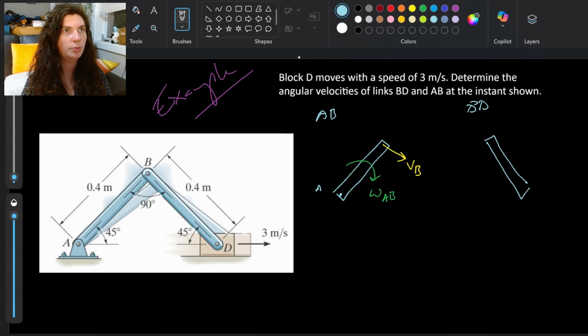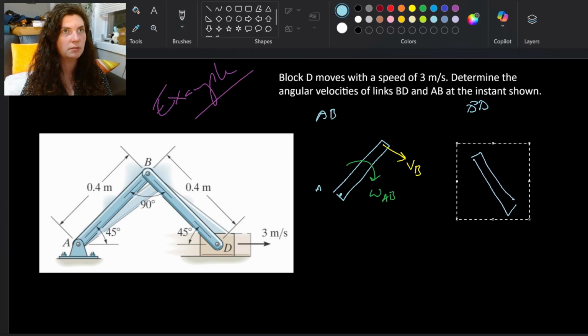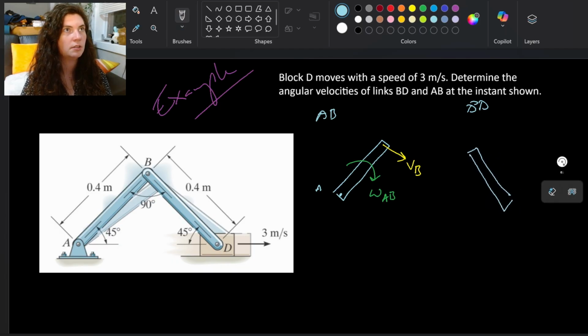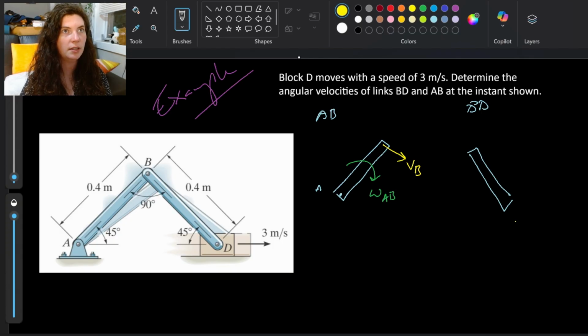And I'm going to move that out a little bit so I have enough room here to write. And I'm going to put all the velocities that I know on this, because I do know my VD. That was given, right? This is our VD is 3 meters per second, and we know it's moving to the right. And then we also have the direction there of VB.